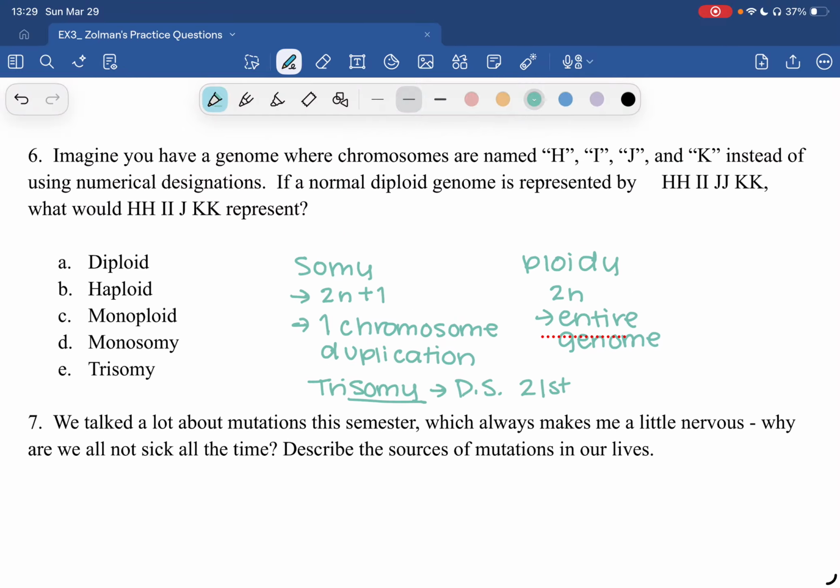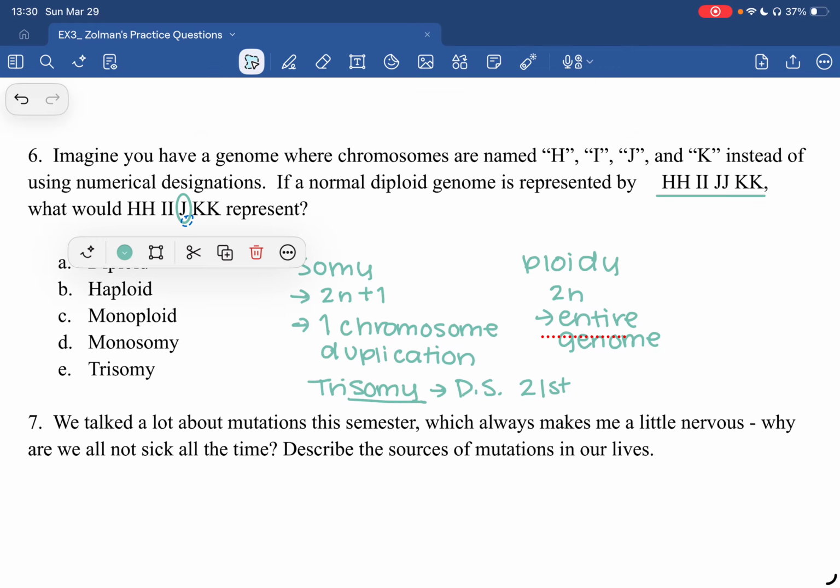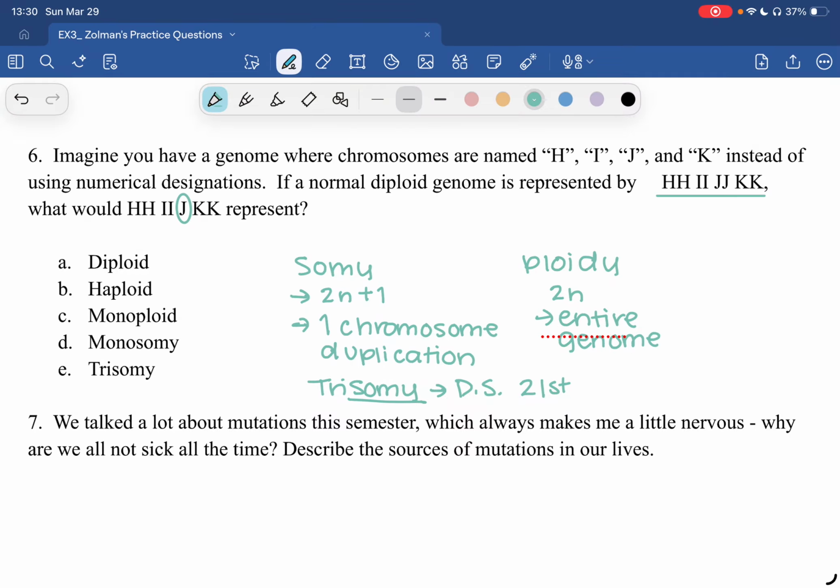So in this case, your normal set is diploid, so you have 2 of everything. But in this one, you have a J that is missing its other pair. So you only have 1 J instead of 2. So the answer to this one would be monosomy, because again, only one chromosome is being affected.